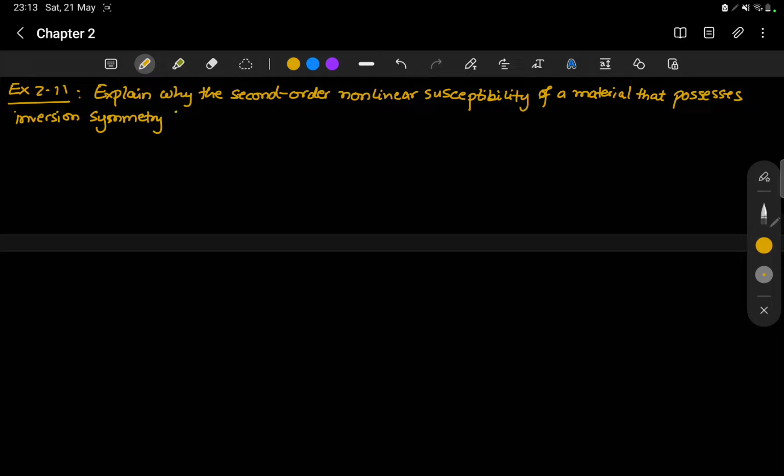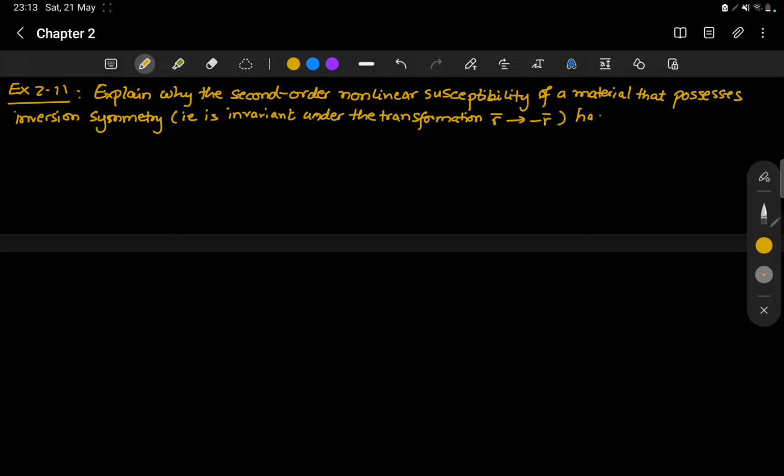So what does inversion symmetry mean? It means invariant under the transformation of r going to minus r, r being the vector from the origin to the point in question.